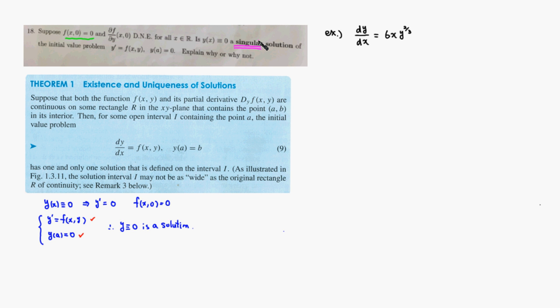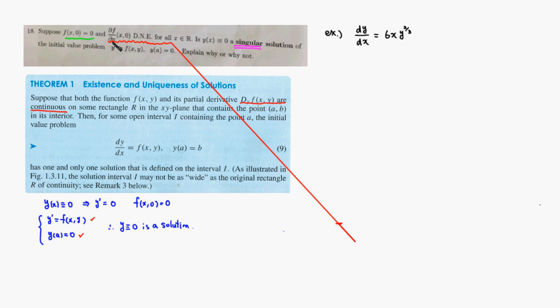All right, let's look at this theorem, existence and uniqueness of the solution. It says that suppose that the function f of x comma y and its partial derivative, and the requirement is they have to be continuous. In the given problem here, we have a little problem.